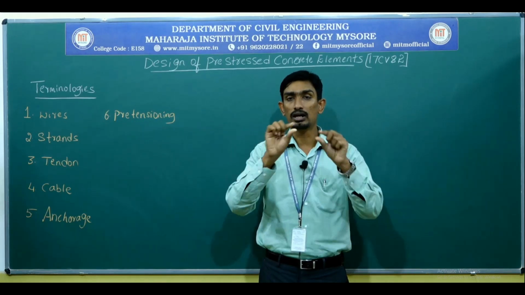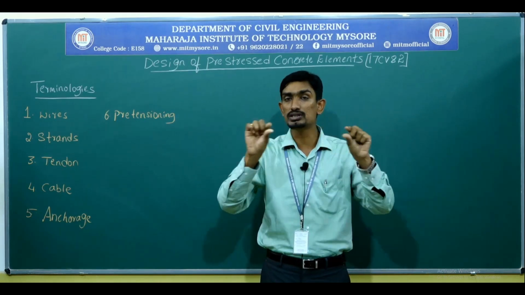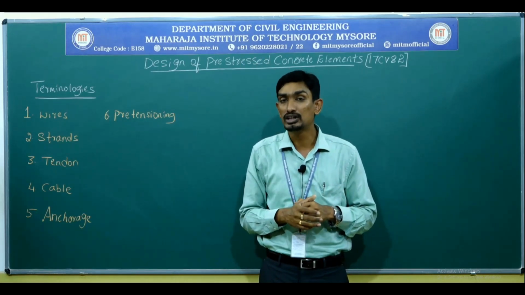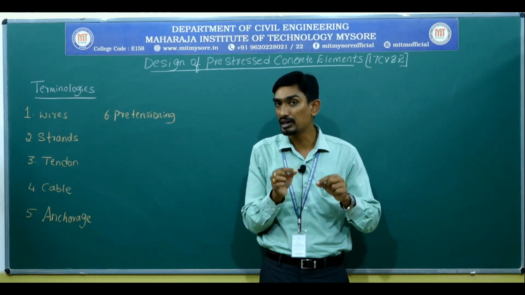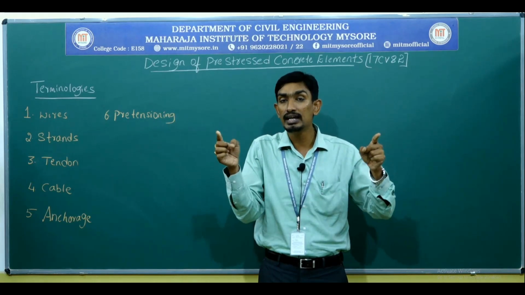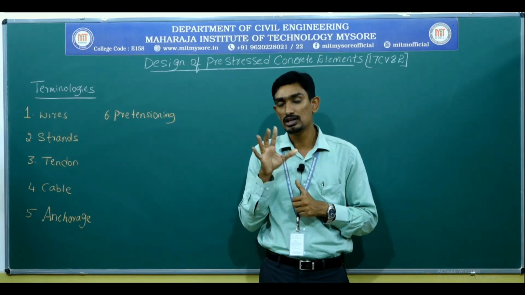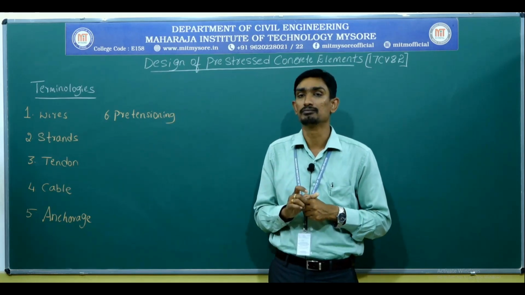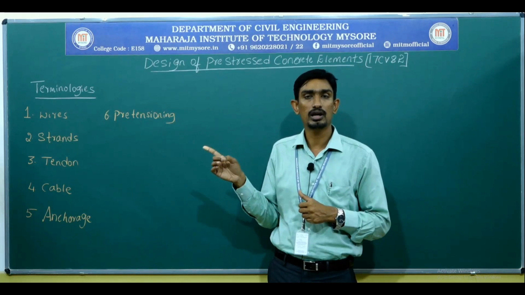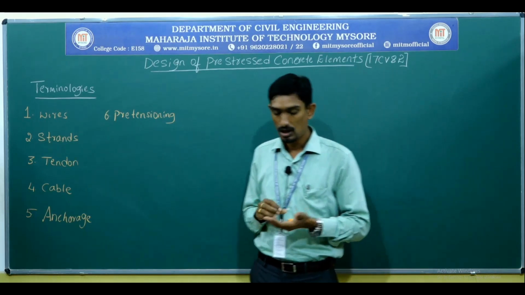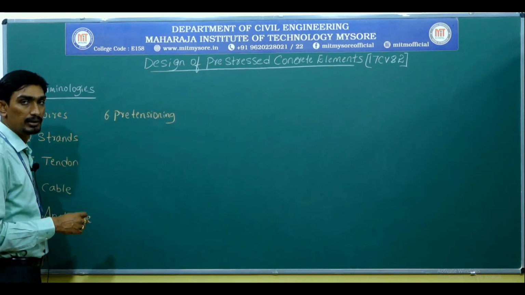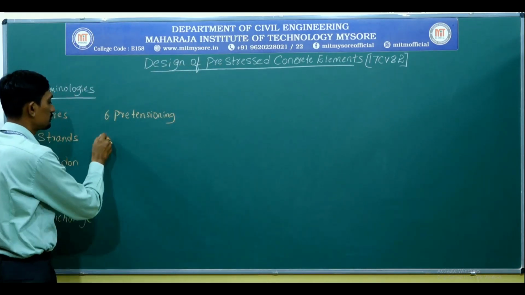So whatever tension has been induced inside the tendon, which is embedded inside the concrete, should maintain the pre-stress throughout its service life without undergoing change in length. That is the concept of pretensioning. Did you get my point? I explained the concept with the diagram in the last session, and once again we are also going to discuss the types of pretension systems.